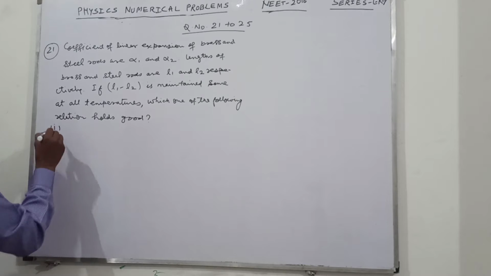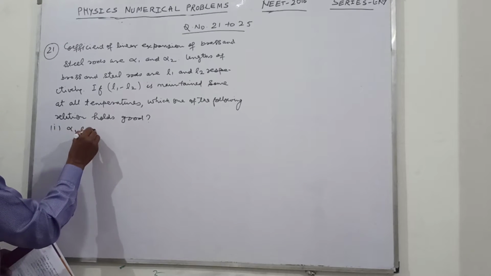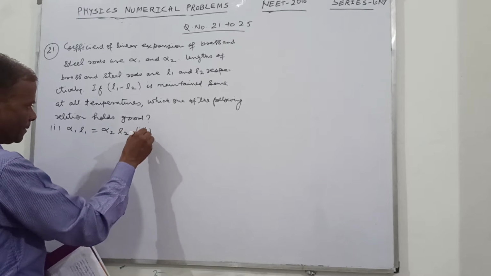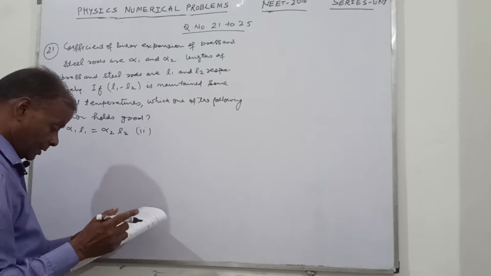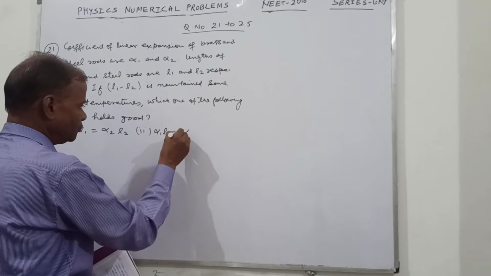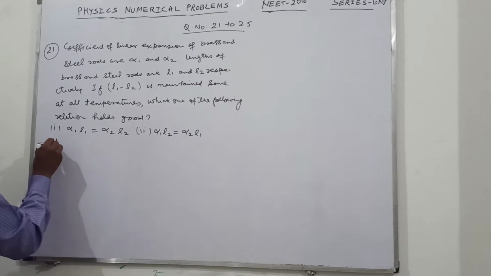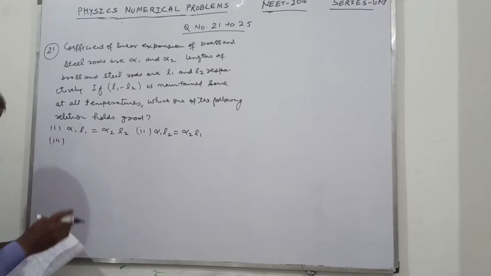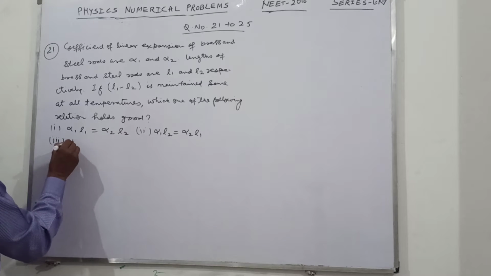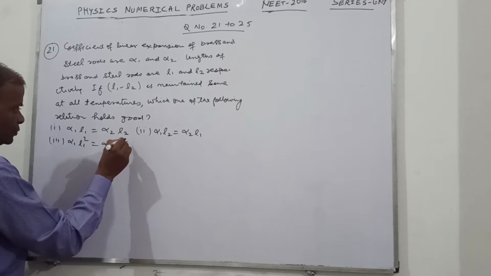Now the options. First is alpha 1 L1 equal to alpha 2 L2. Second is alpha 1 L2 equal to alpha 2 L1. Third is alpha 1 L1 square equal to alpha 2 L2 square.